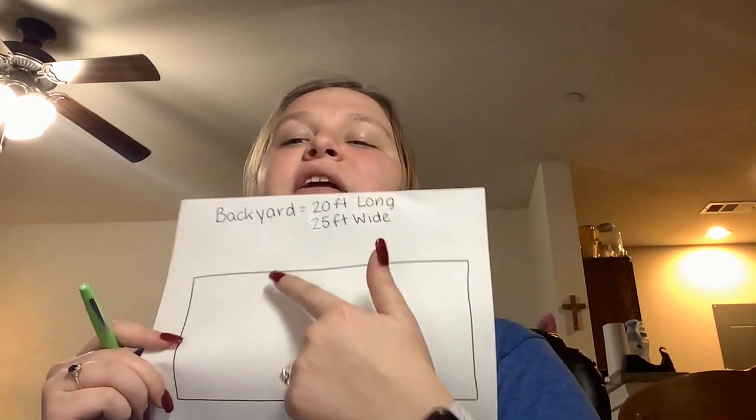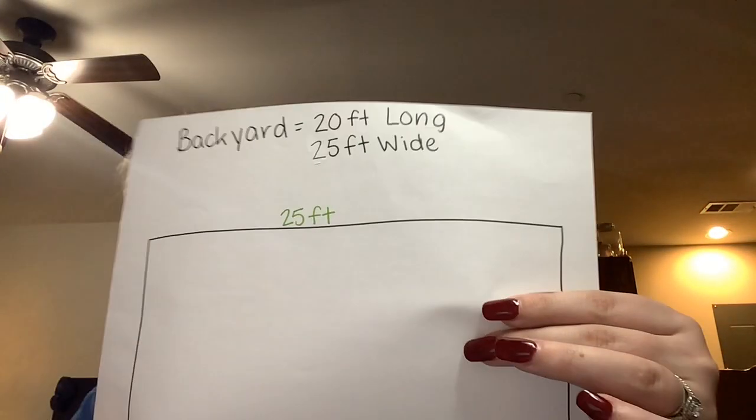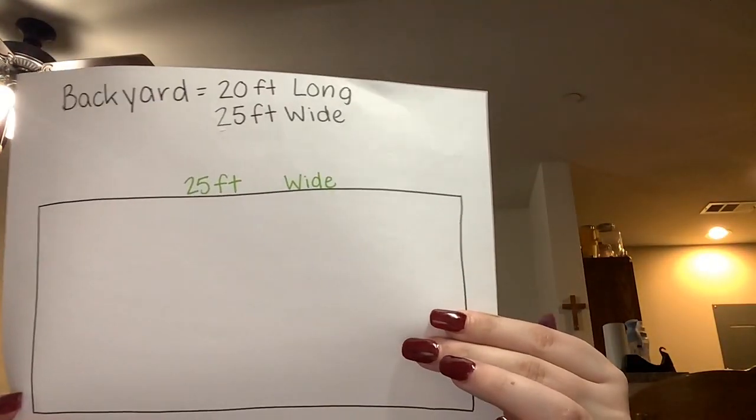Yeah, so we're going to go ahead and put the 25 on the bigger side just because it's the bigger number. So, it's going to be 25 feet. And then we're going to put the word wide on that. So we know that this is our width. Okay? So it should be 25 feet wide.